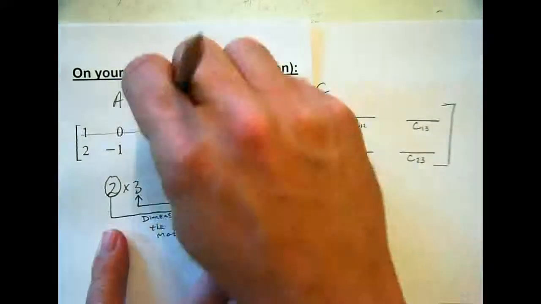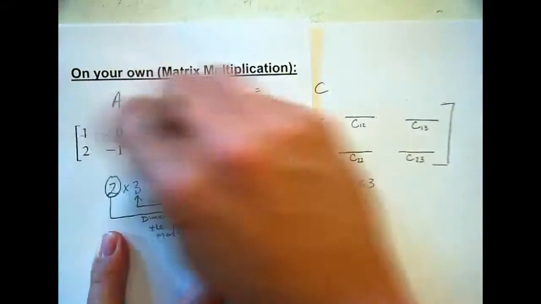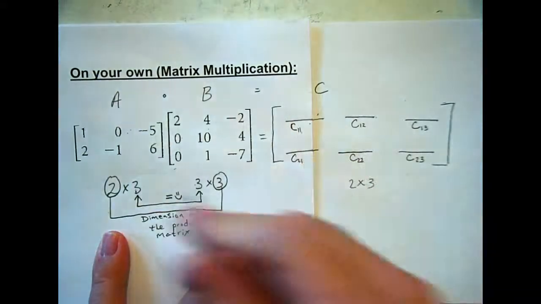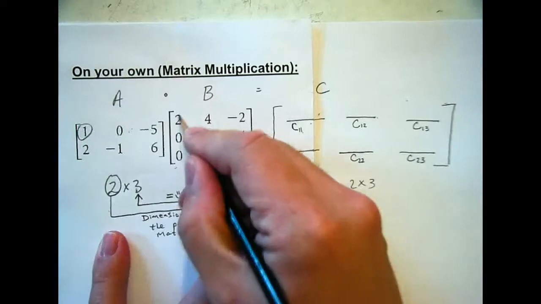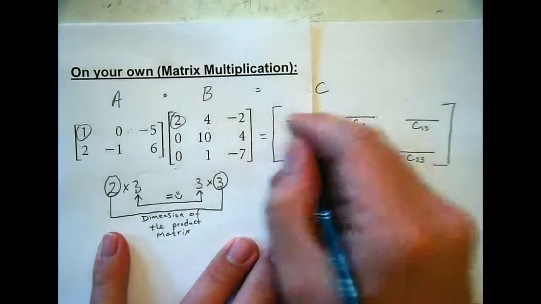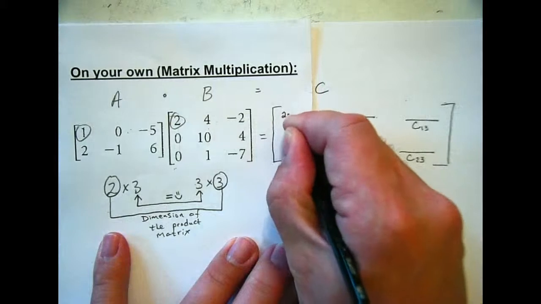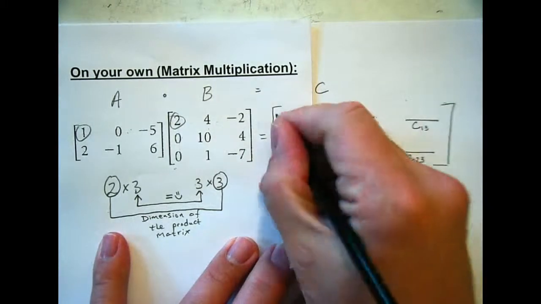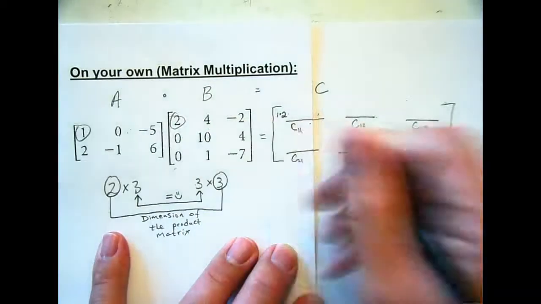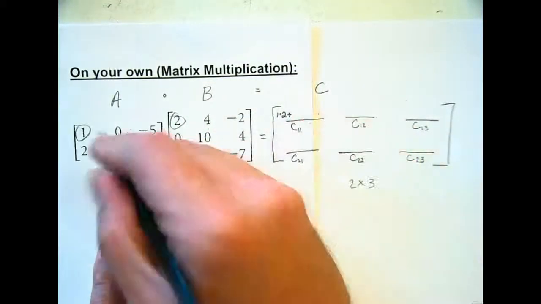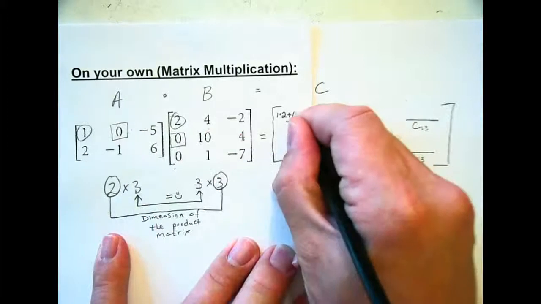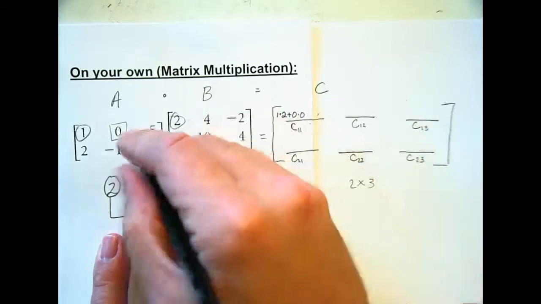So when I'm trying to calculate this element, this position right here, I'm going to go 1 times 2. So row 1 by column 1. 1 times 2 is 2. Okay, and actually I'm going to write down what I'm multiplying so you guys can see that. You don't have to do that, but 1 times 2 plus 0 times 0 plus -5 times 0.